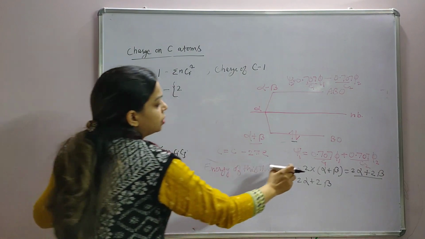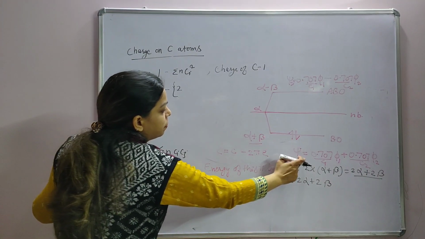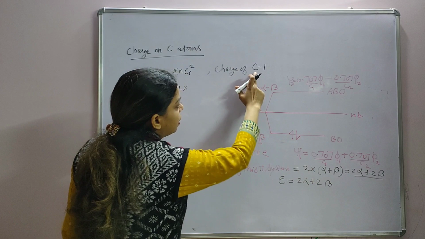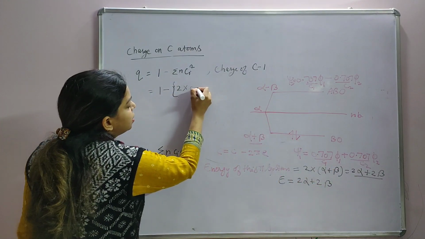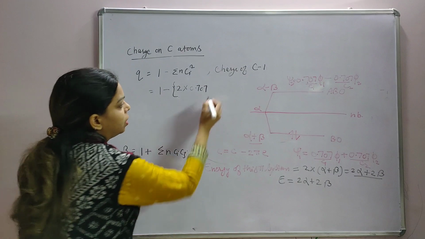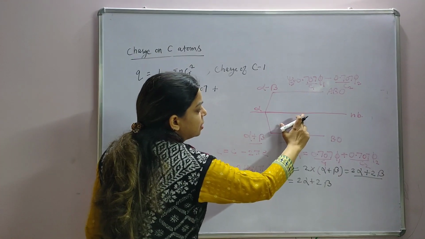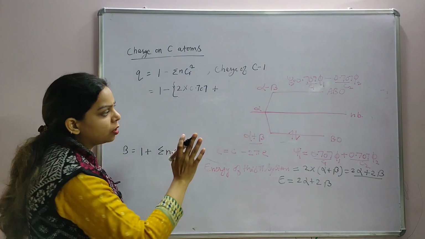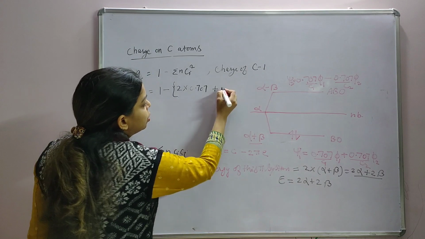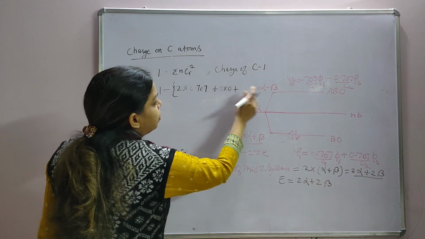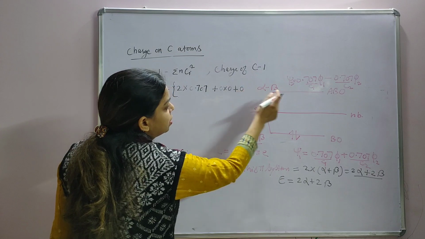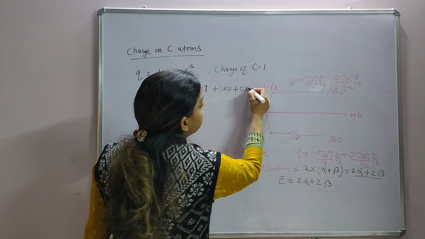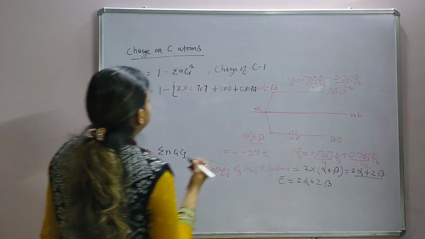The number of electrons in the first level is 2, times the square of the coefficient corresponding to that carbon atom, which is 0.707, plus the next level, where we have 0 electrons, times the coefficient squared, plus the next level, with 0 electrons.